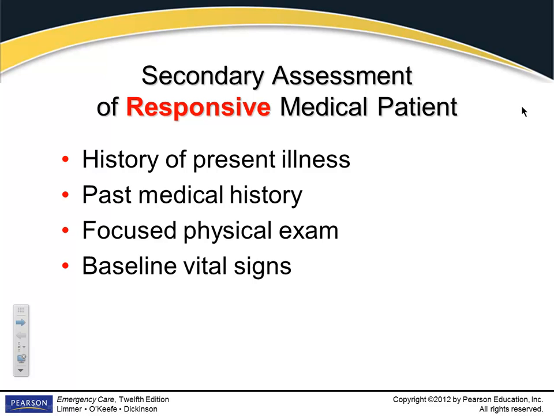If they're a conscious medical patient and they say, I've got chest pain, am I going to focus on their ankle? Am I going to look down in their ears and palpate their head and stuff? No, because they have an isolated complaint. I have chest pain. So we're going to focus our assessment on their chest pain. So if they're a responsive medical patient, you should be able to get a good history of present illness as well as a good past medical history.